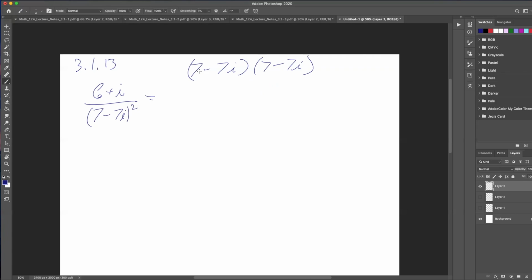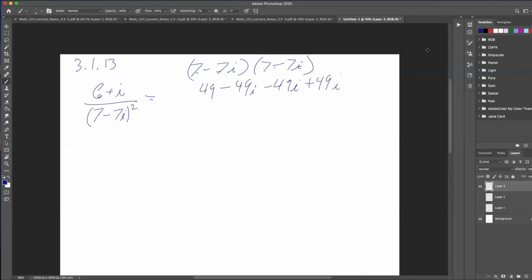All right, so what does that give us? So 7 times 7 gives us 49. So we minus 7i, or 7 times, so it's minus 49i, minus 49i. And then minus 49, no, plus 49 times i squared, right? Okay.